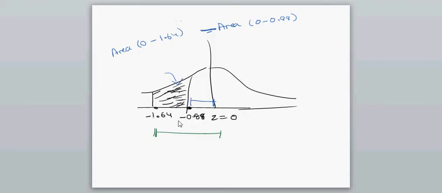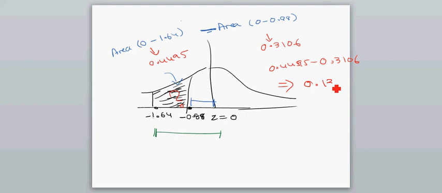So area from 0 to 1.64 we got as 0.4495 in the normal distribution table, and this value we got as 0.3106 from the normal distribution table again. When you subtract these two, 0.4495 minus 0.3106, you get this black color shaded area as 0.1389. This is how we calculate the area.